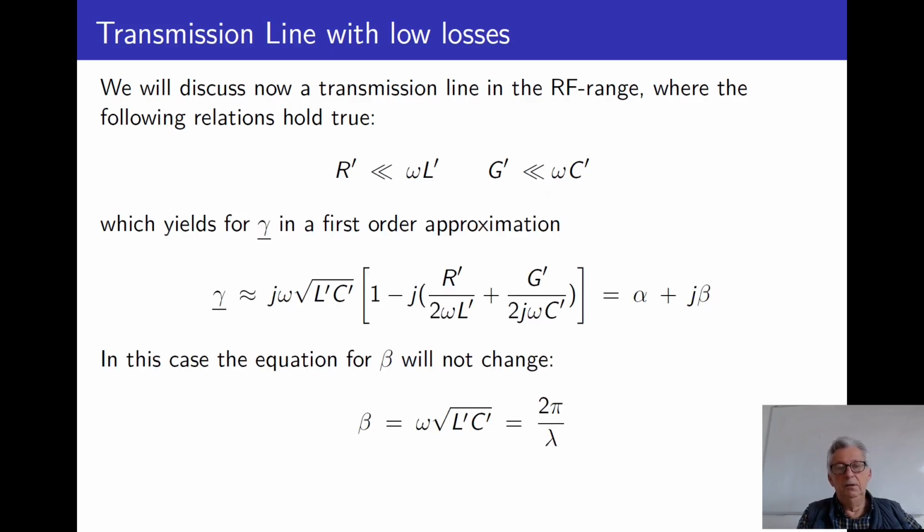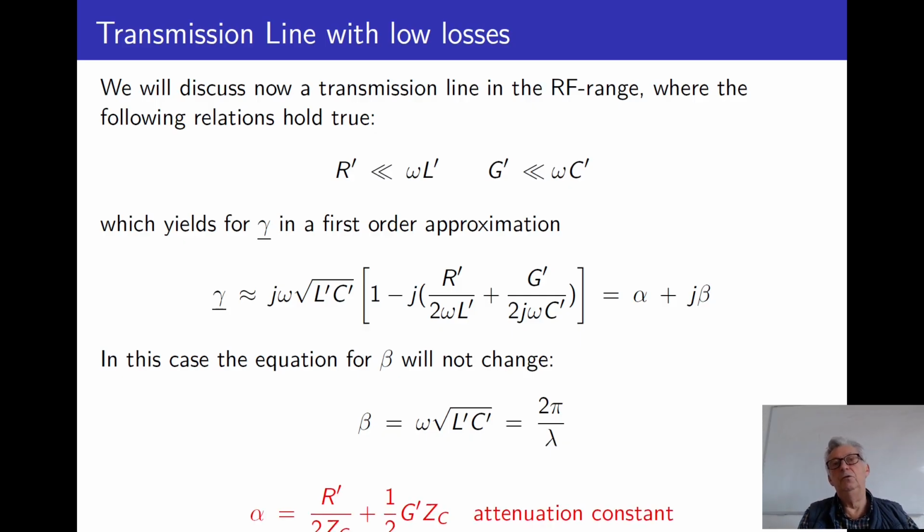And this yields for gamma, in first approximation, this equation here, which can be separated into alpha plus j beta. Also in the case of the transmission line with low losses, we end up with the same equation for beta. It's just 2 pi over lambda.